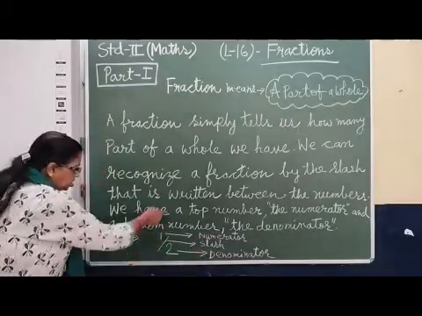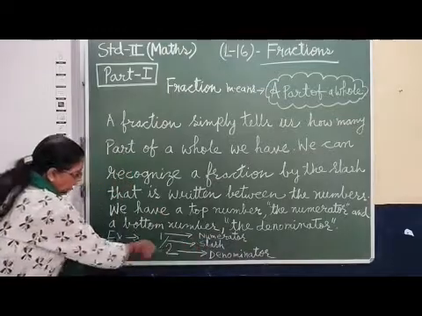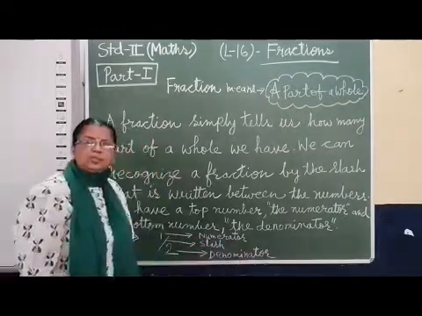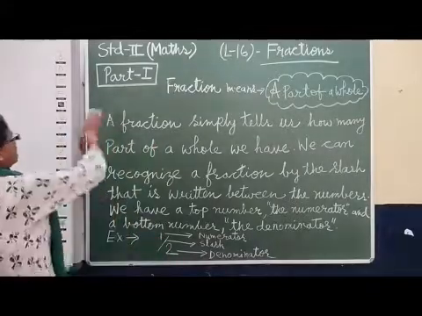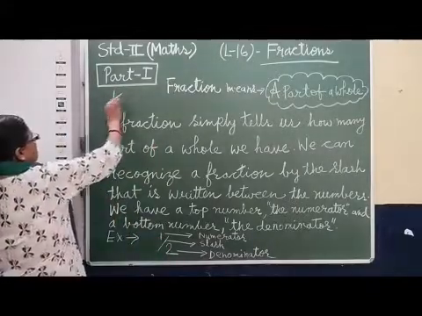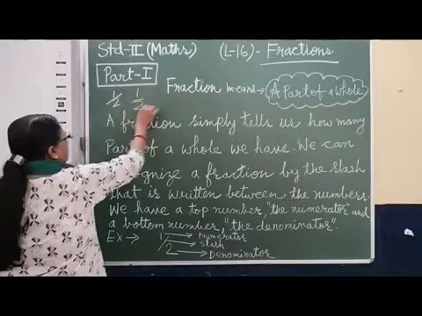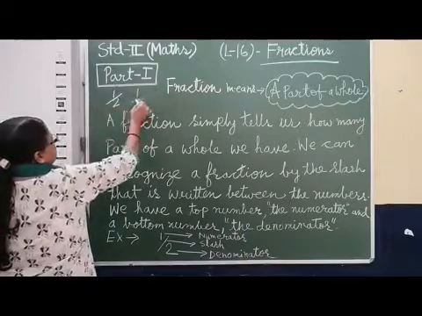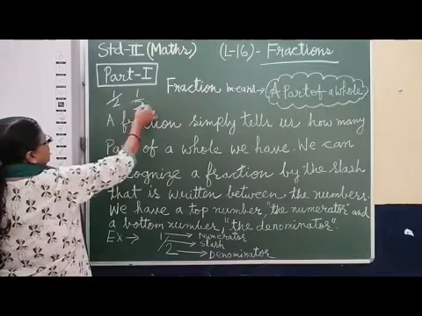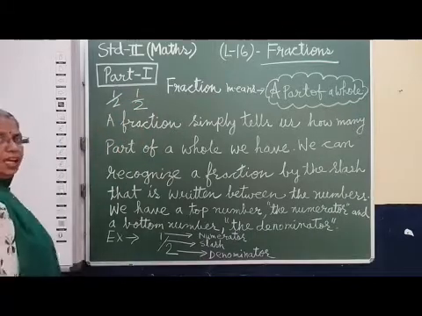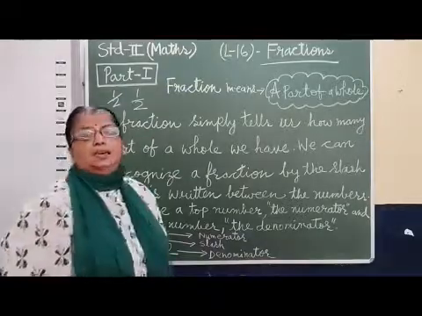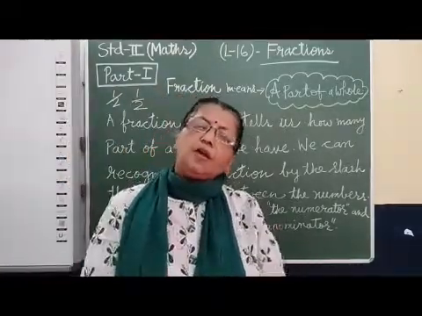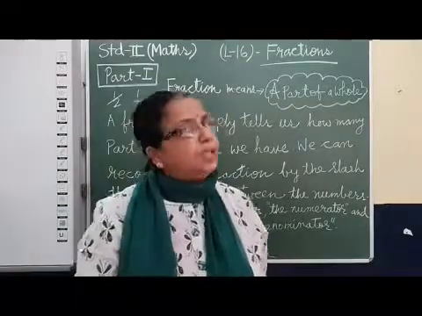Between them is the slash, and the bottom one is called the denominator. I can write it this way or that way, any way you can write. So this is the numerator, this is the slash, and this is the denominator. Clear? This way we represent the fraction of any object with the help of numbers.